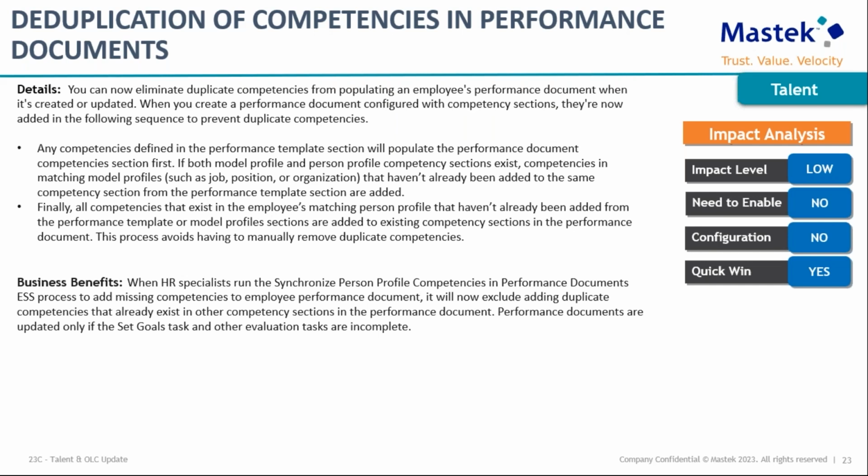But now the way it works, and I'm not going to go through the detailed algorithm here, they've changed the way it works so that you will no longer have that issue. You will have one competency per person per performance document, rather than having a mixture based on automatic selection from multiple different spaces or multiple different profiles, right? So that's a major one.